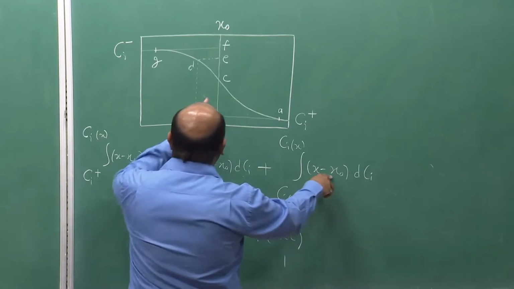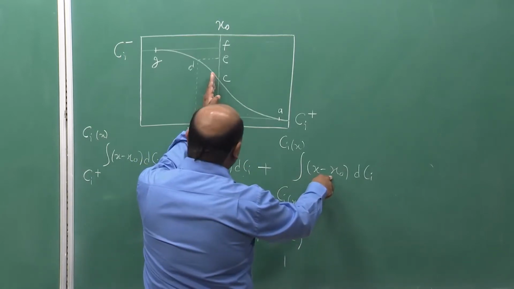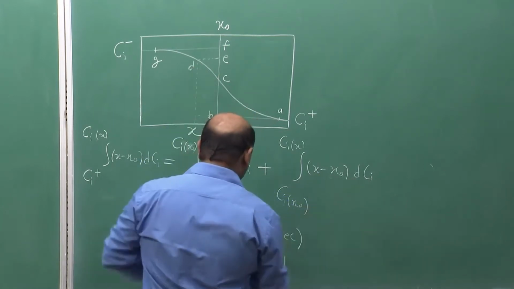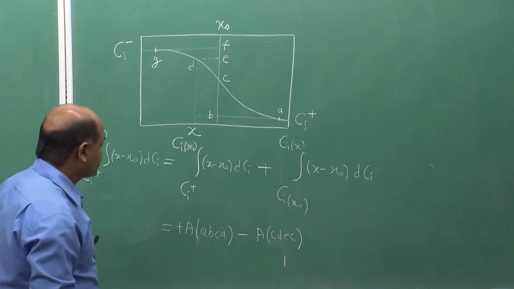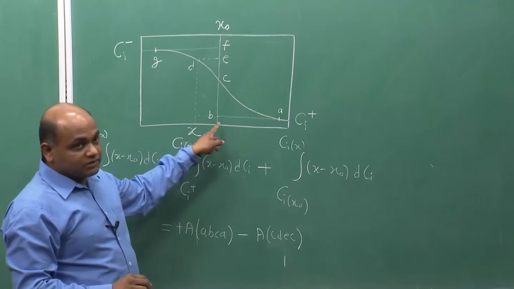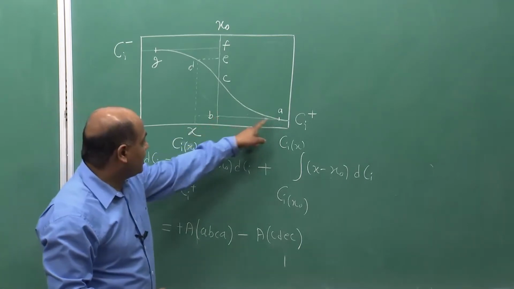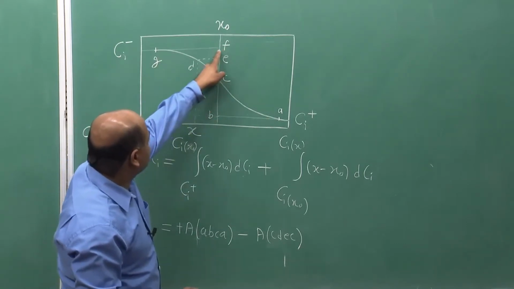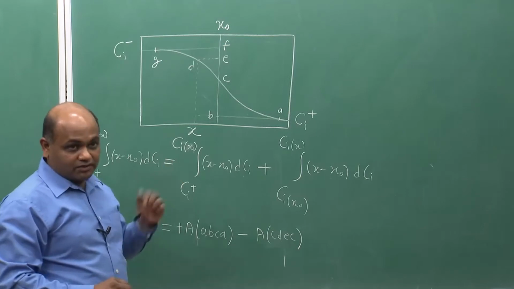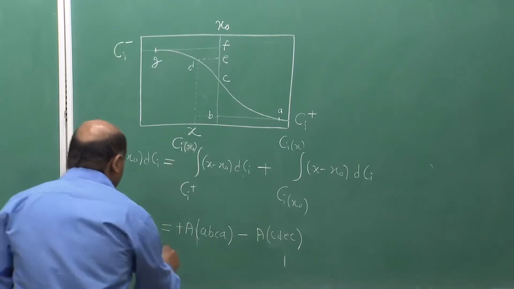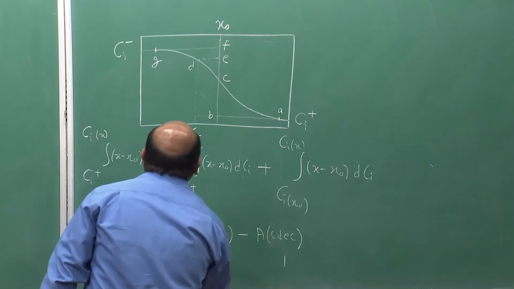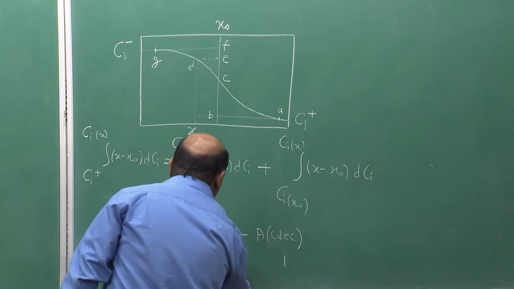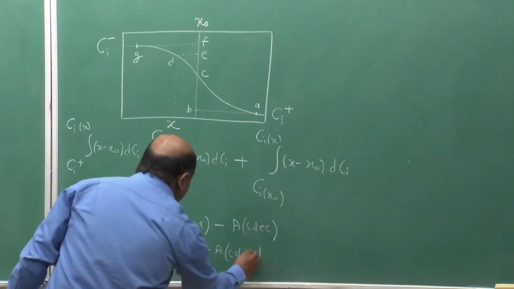Here now x minus x naught has changed its sign because it is negative on the left side of the Matano plane, but dC_i is still positive. So, this has a negative sign. And the way we found the Matano plane, we know this area ABC should be equal to area GCF. Right? That is how we found the Matano plane. So we can write this as area GCF minus area CDE.